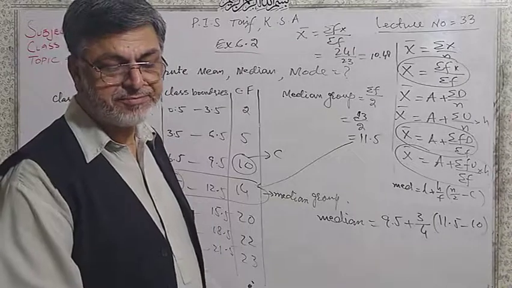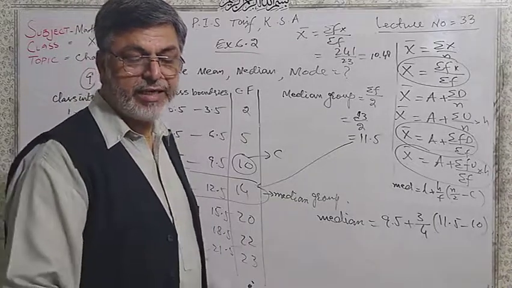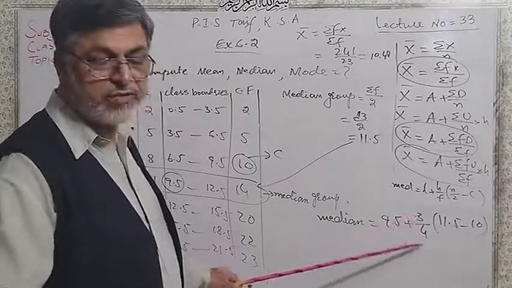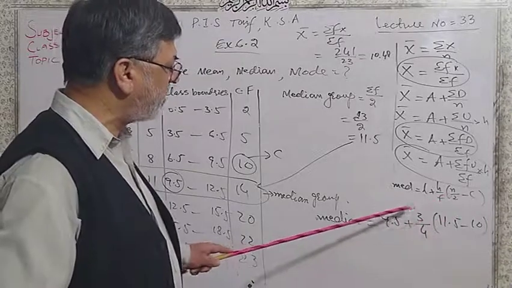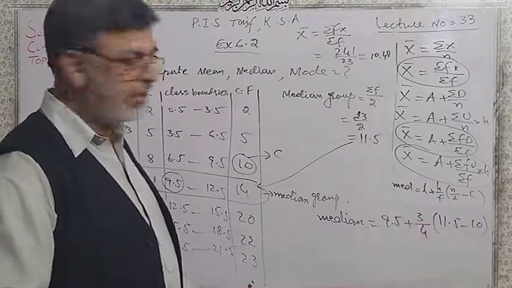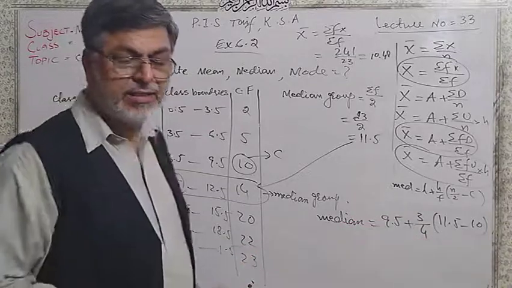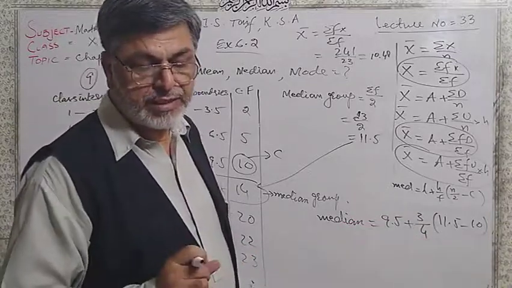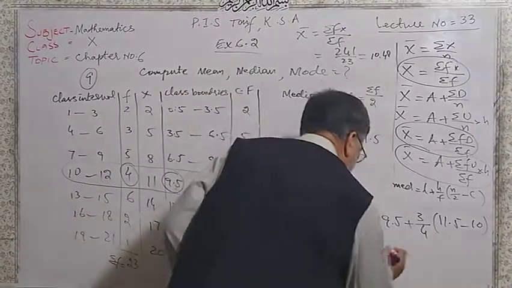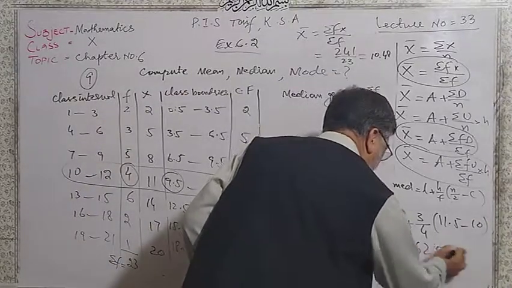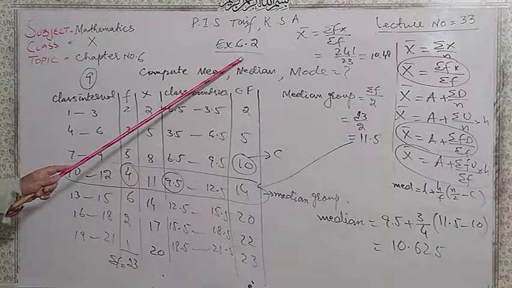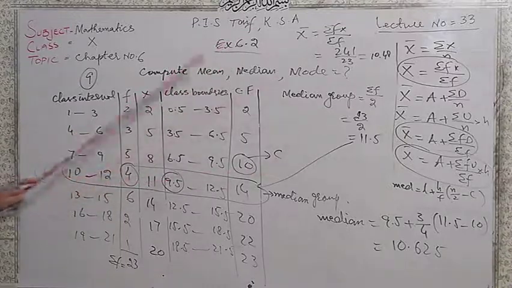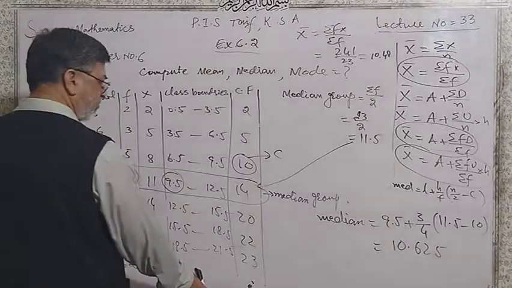Here will be 9.5 plus 3 over 4 times 11.5 minus 10, that is 1.5. This 1.5 is multiplied by 3, and then divided by 4, to get 10.625. Dear students, this is the way how you will find the median with the help of group data.